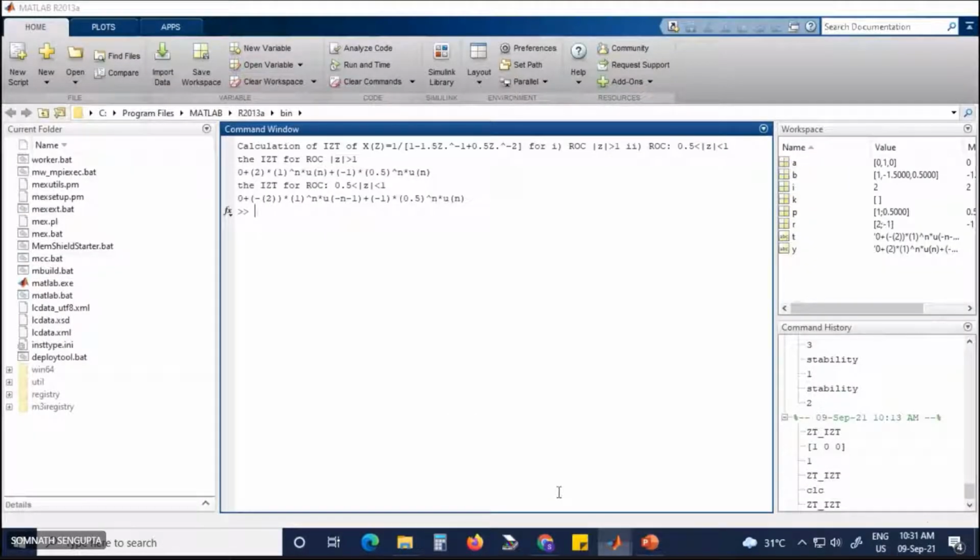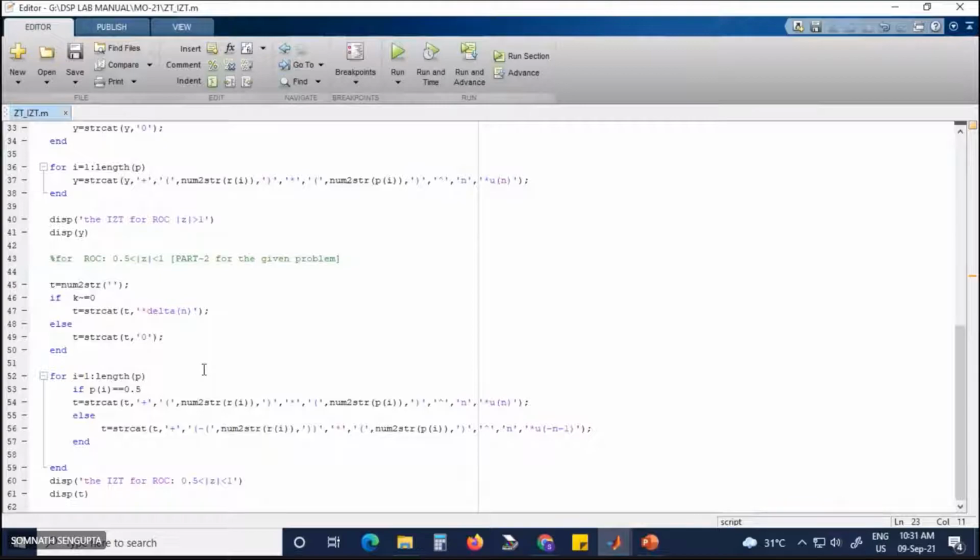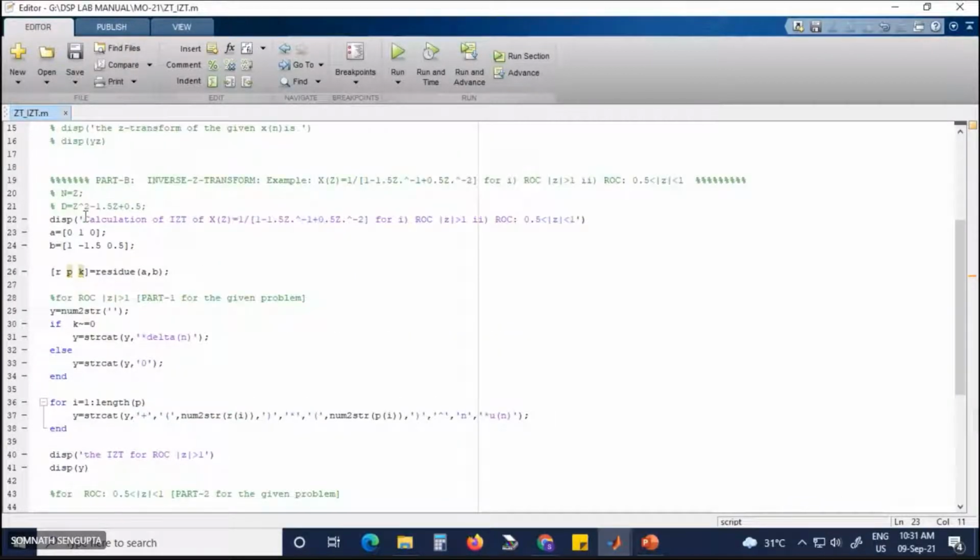But here the important thing is that the coefficients for the numerator and denominator have to be properly written. You can see both numerator and denominator are written as 0, 1, 0. Harshvardhan earlier showed it correctly.